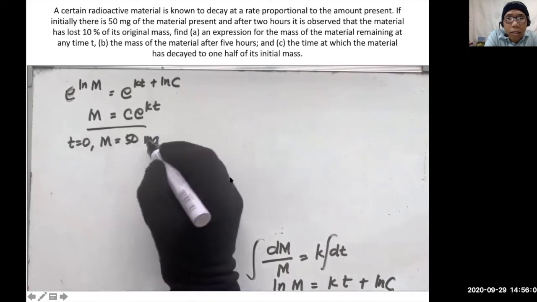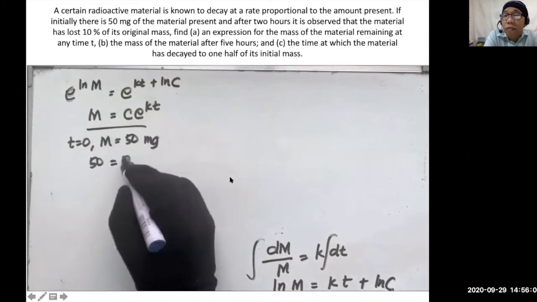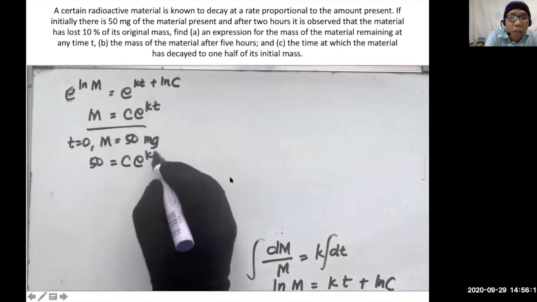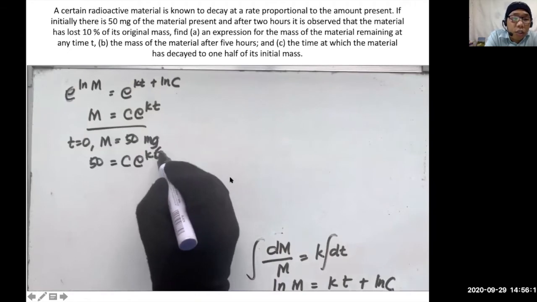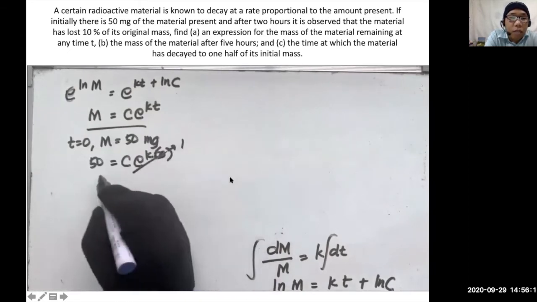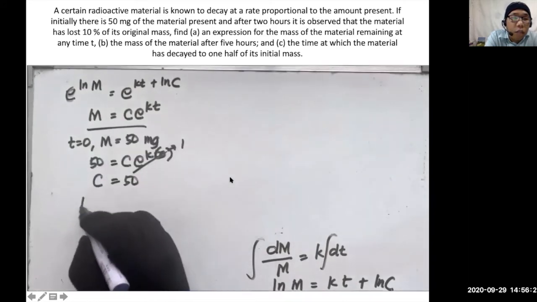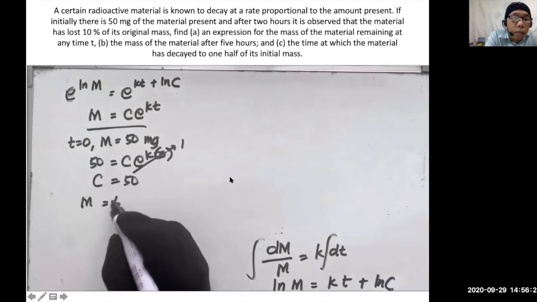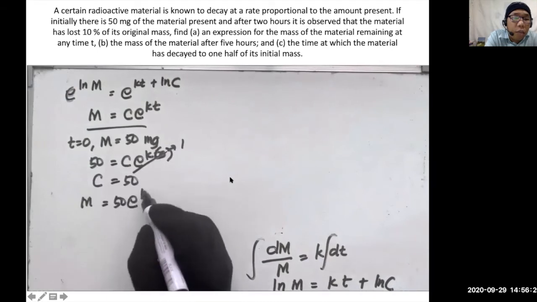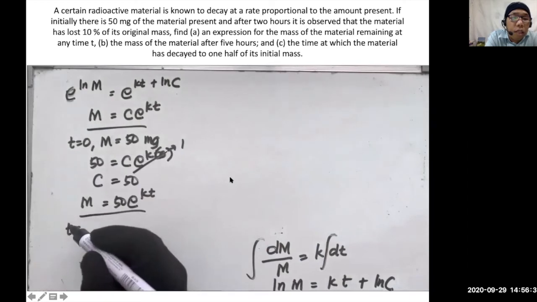This solution does not yet represent decay because the value of k should be negative. So we are going to use the conditions to solve for the arbitrary constant and the value of k. Here we plug in 50 milligrams and time equal to 0. That's why we have c equal to 50, and our solution now is M equal to 50 times e raised to kt.